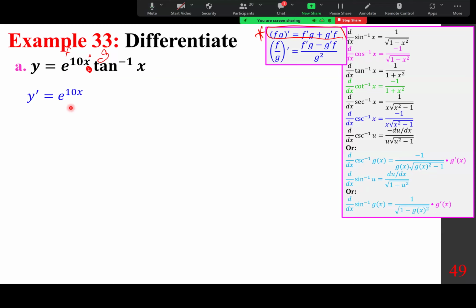Any exponential, the answer is itself, times 10, because you're dealing with an exponential function, times tan inverse by the product rule. Plus, now this is f prime g. Now this one, tan inverse, we know the derivative is 1 over 1 plus x squared times e to the power of 10x. So let me write this.